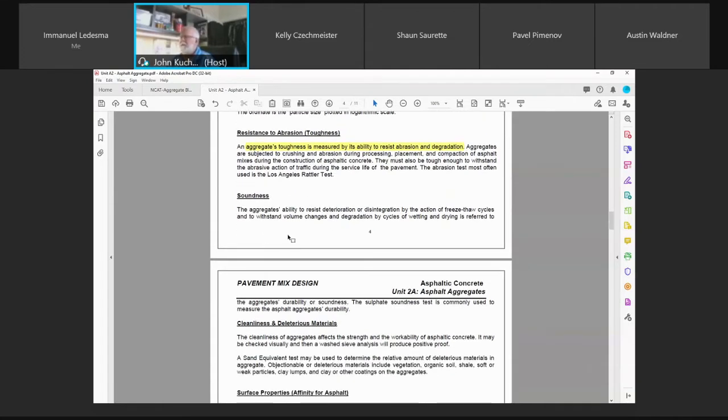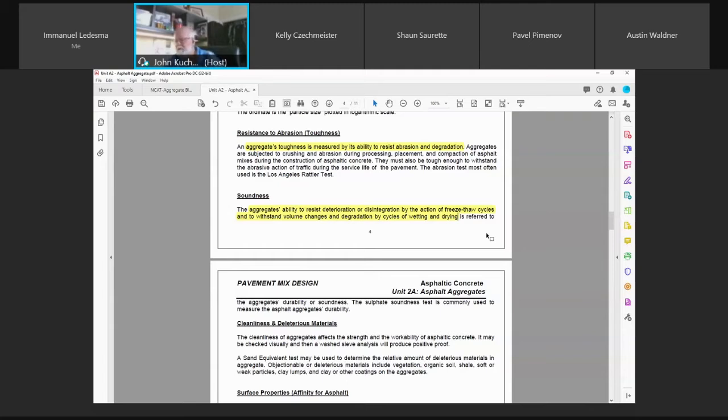Okay. Soundness. This is the aggregate's ability to resist deterioration from freezing and thawing, and wetting and drying. It wets, absorbs water, it dries out. Volume change, freezing and thawing. We have aggregates that are wet, they freeze, we get expansion. They thaw, they absorb, they freeze, we get expansion.